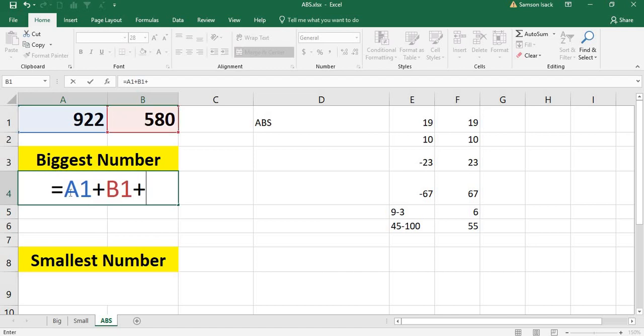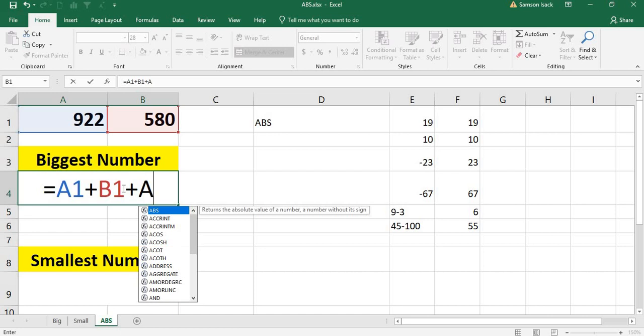So if I have the first number A and the second number B, in this case A is the biggest number and B is the smallest number. If I add to B the difference between A and B, then both of them become A. That means I am going to have 2 times the biggest number, right?